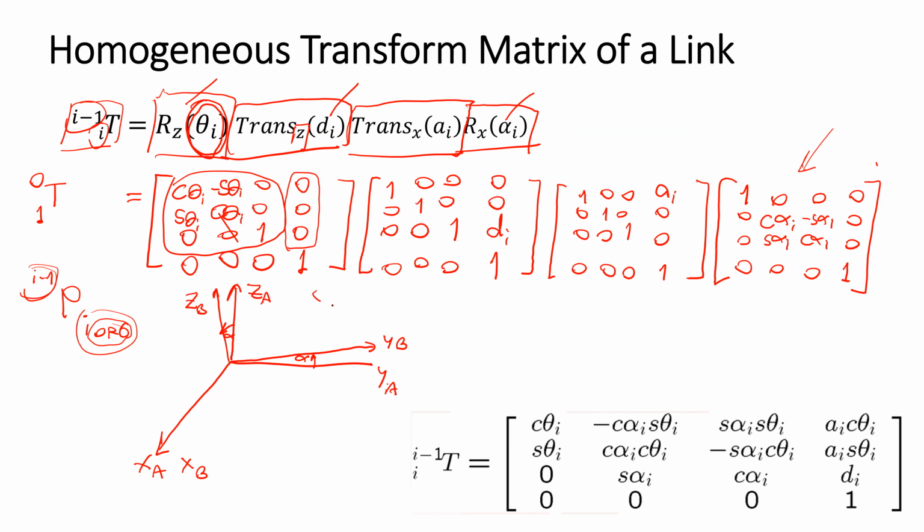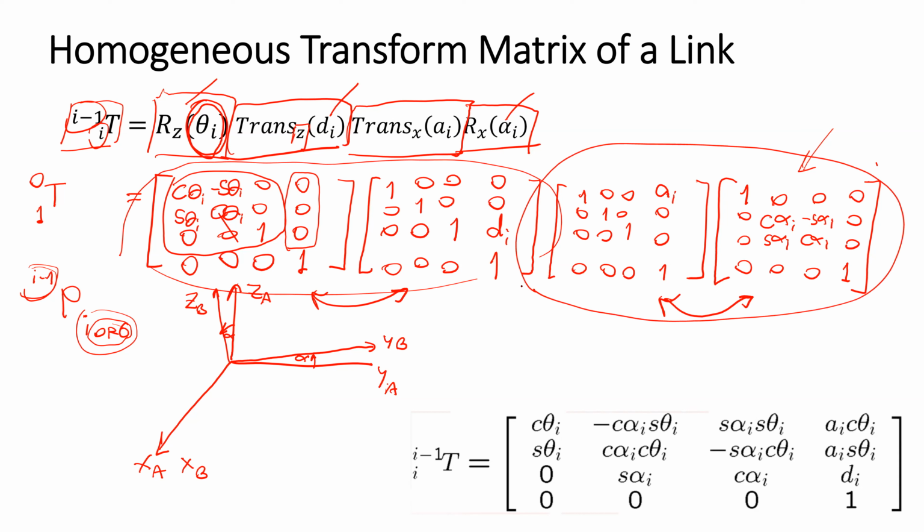When you obtain the product of the matrices, you obtain the product of this first and then the product of this again. The finalized relationship is this.